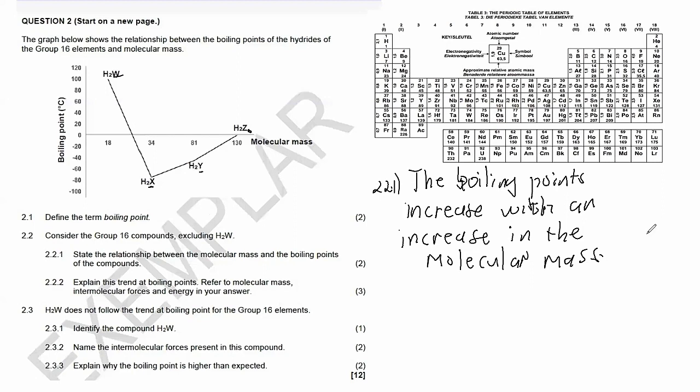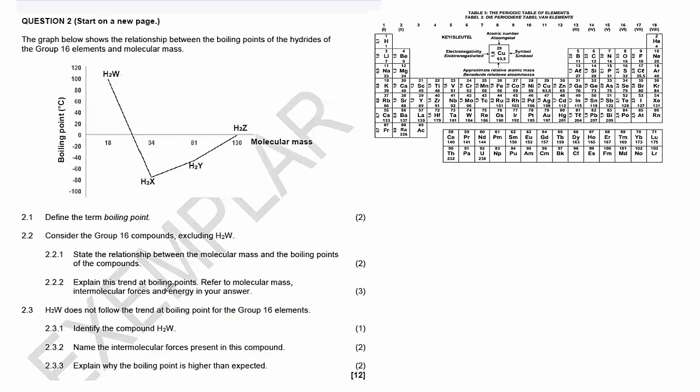Then 2.2.2, explain this trend in boiling points, refer to molecular mass and the intermolecular forces. So again here, looking at this graph, how do we then explain this? Remember, we cannot really comment much on the type of intermolecular forces that are there, since we don't know the elements that are there, right?